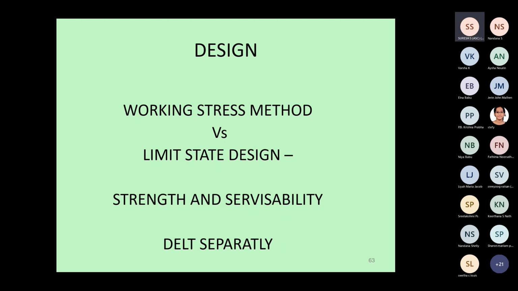Another factor is crack. If the structure is excessively cracked, then the user may feel the structure is not strong enough. Even though it is strong enough, we can calculate its strength limit state and prove it is strong, the user should feel it is strong by looking at the structure.